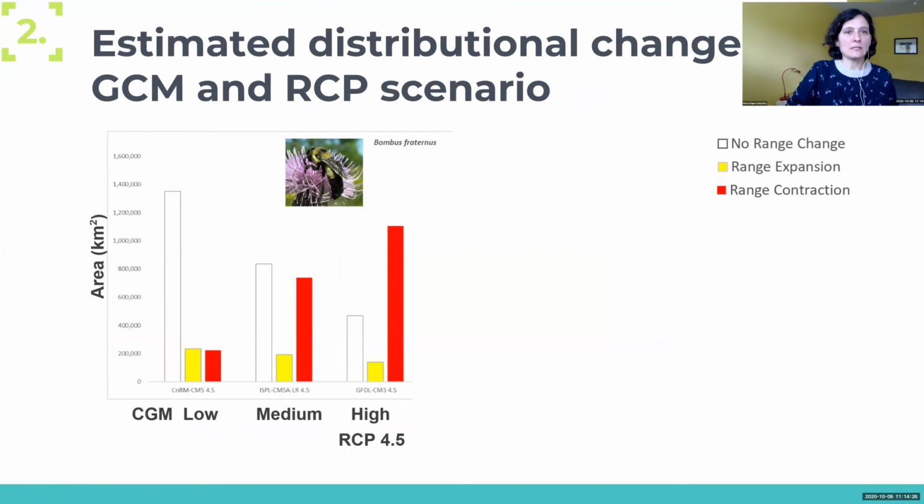We did this for the 14 species. What I'm going to show you is several graphs, and I hope that you can see the patterns in these graphs.